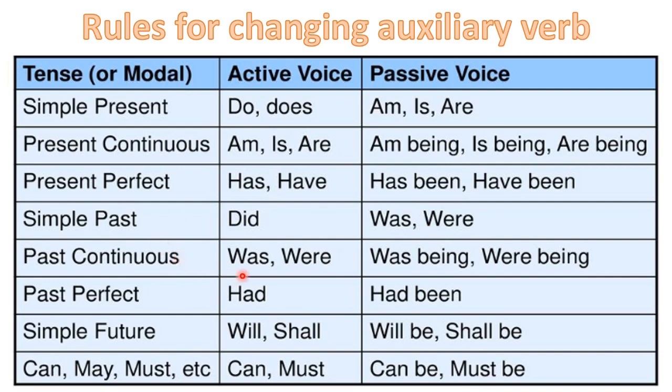Past continuous, was, were will change into was, were plus being. In past perfect, had will change into had been. In simple future, will or shall will change into will or shall plus be. And modal auxiliaries will change into modal auxiliaries plus be. Now, I shall explain these rules in detail with the help of examples.